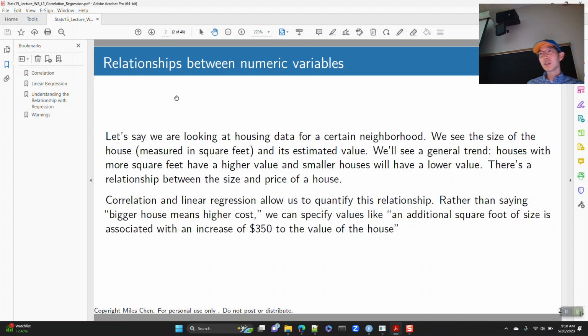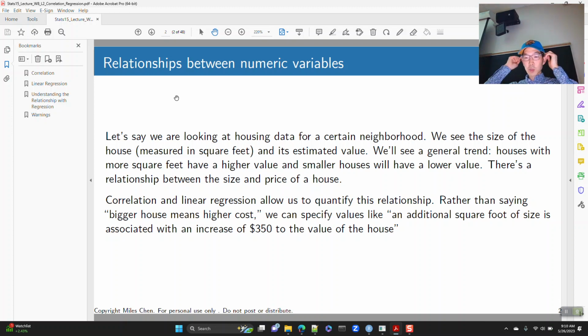And what we'll see is this general trend. Houses with more square feet will have higher value. Houses with less square feet, smaller houses, will have lower value. That's not a surprise, okay? And we'd say, yeah, there is correlation between the size and price of a house.